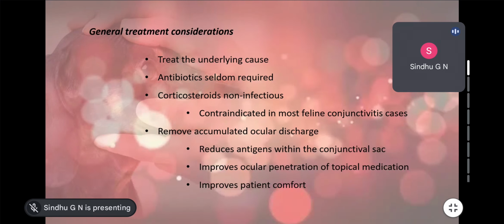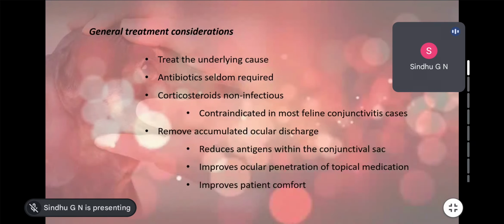General treatment considerations. We have to treat the underlying cause. If it is a viral infection, treat for the viral infection. Or if it is atopic dermatitis, we have to initiate treatment for that. So antibiotics are not necessary for these conditions because it is primarily an inflammatory or allergic reaction.